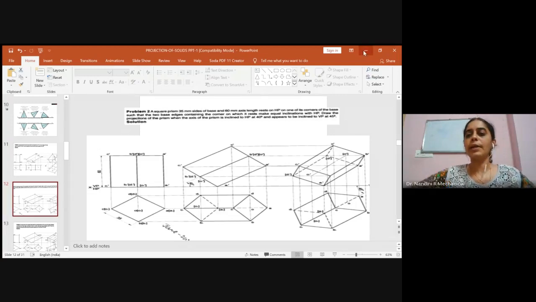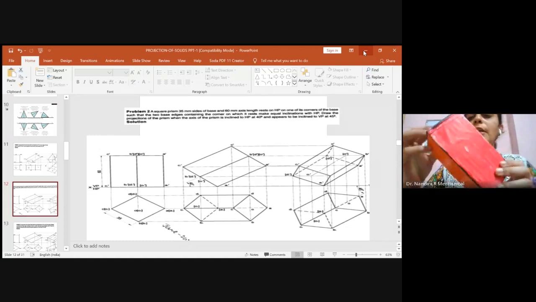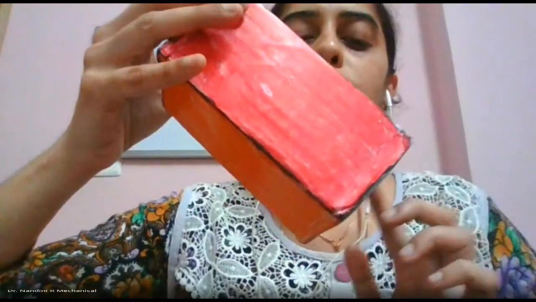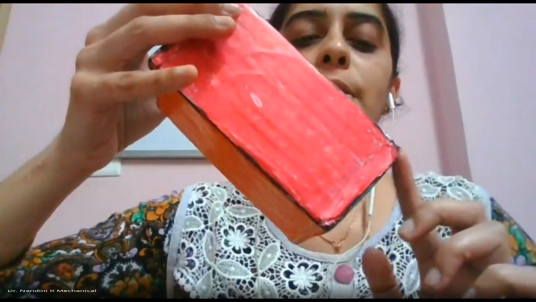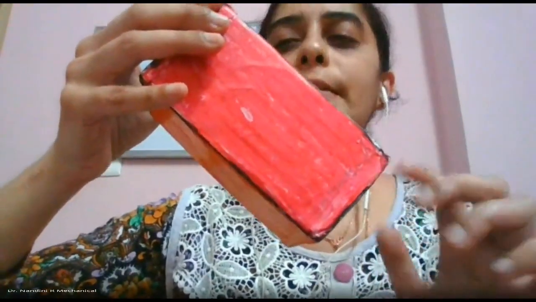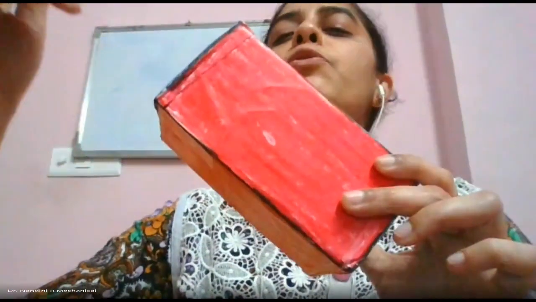When it is inclined in this position and the observer views from the top, the top surface will be fully visible and the bottom surface will be partially visible. This side and this side will be visible, this part and this part will be hidden. So it helps you to visualize both the top as well as the bottom surface along with the longer edges. That's what has now been shown in the second stage top view.